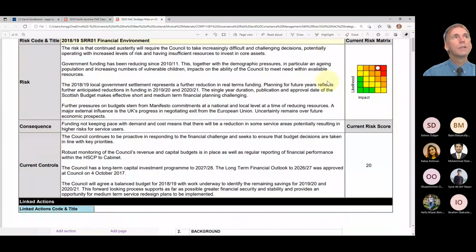But we'll stick with this financial one. And they've done something slightly more detailed than a simple red, amber, green. They've used something called a risk matrix, which is this thing over here. You assign a value for impact and a value for likelihood.